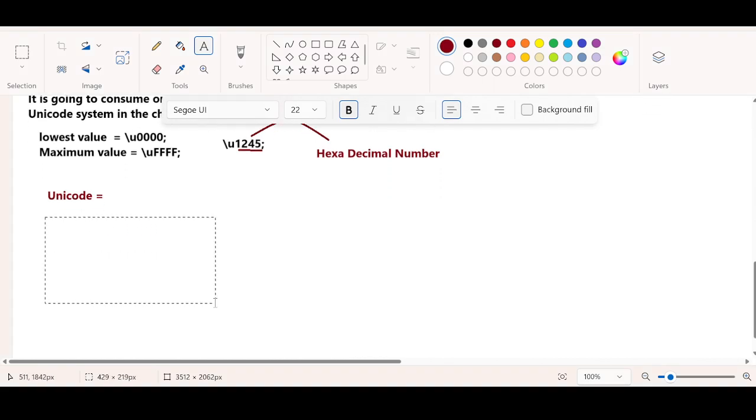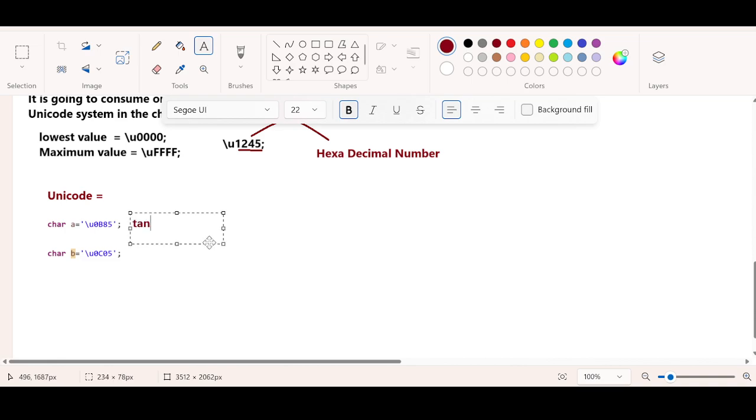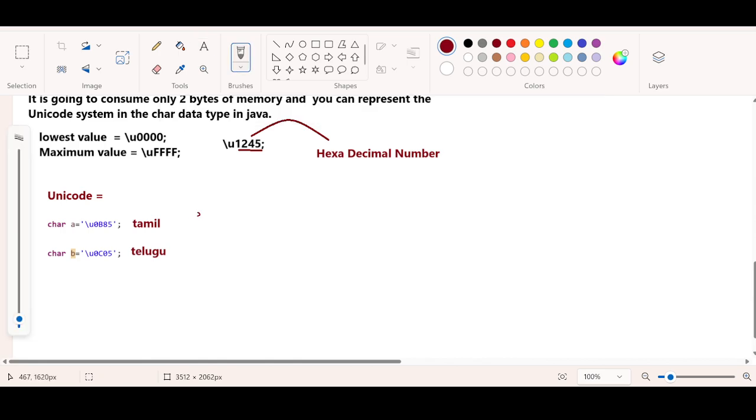Let us take these two examples of Unicode. This Unicode is mapped to a particular letter of a specific language, the first letter of the Tamil language, which is A. This Unicode is mapped to a Telugu letter, and this is representing A. Likewise, each and every Unicode is going to represent a letter.